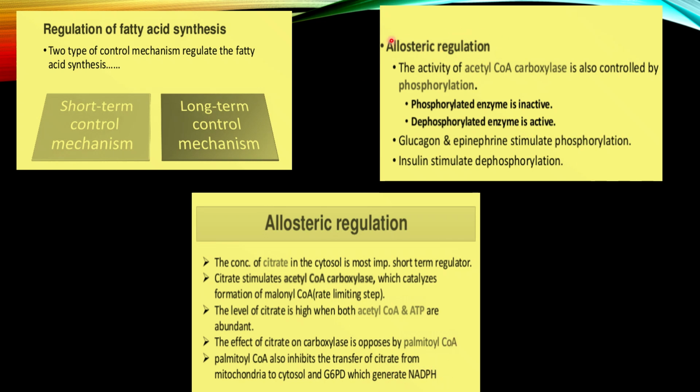Then allosteric regulation. The activity of acetyl coenzyme A carboxylase is controlled by the phosphorylation and dephosphorylation process. In the phosphorylated form, the enzyme is inactive, while in the dephosphorylated state, the enzyme is active. Glucagon and epinephrine stimulate the phosphorylation process. Insulin stimulates the dephosphorylated state.